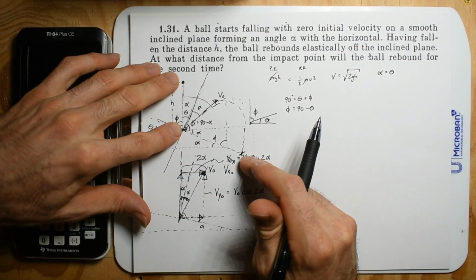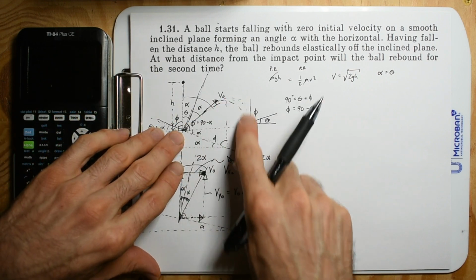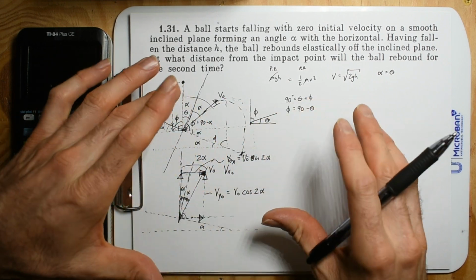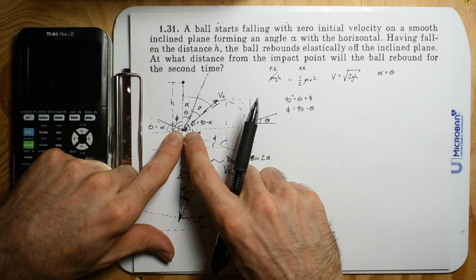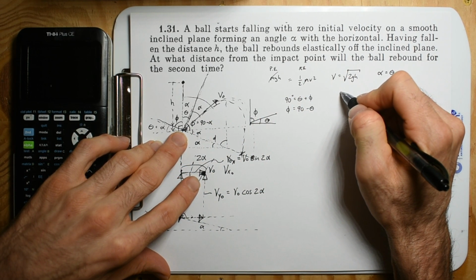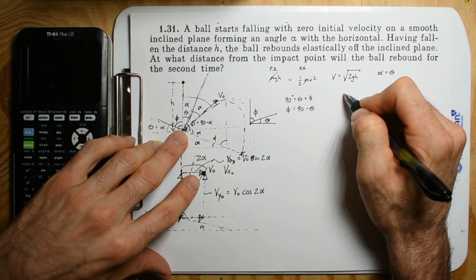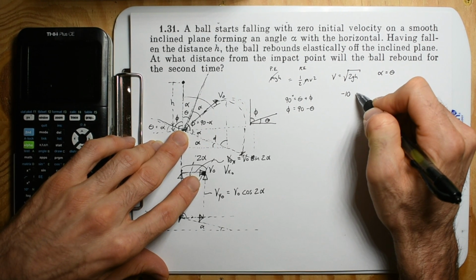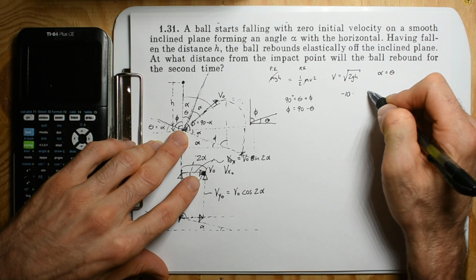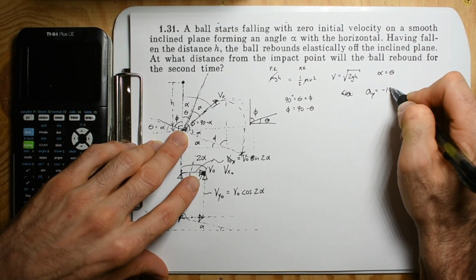What we know about projectiles is what we need to get a solution for this problem. We're just going to use the acceleration of gravity as 10, so the acceleration in the y direction is negative 10.